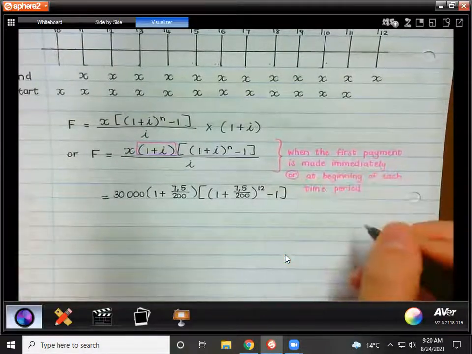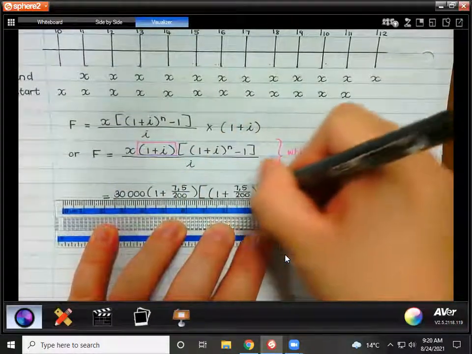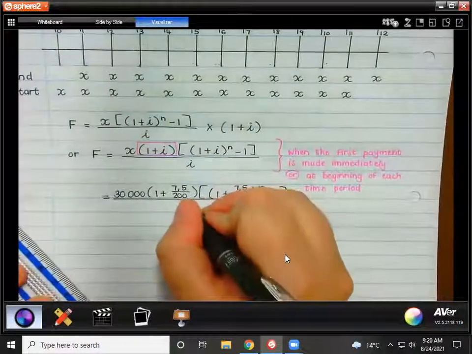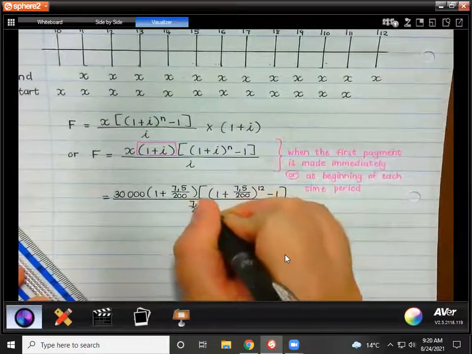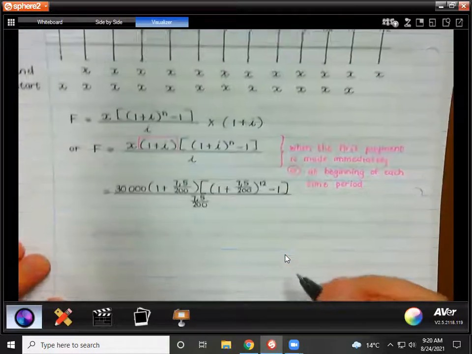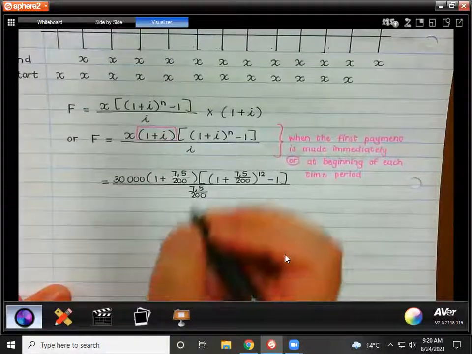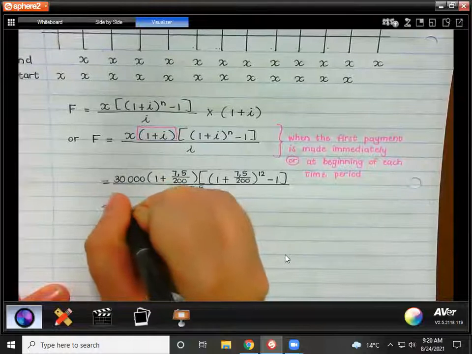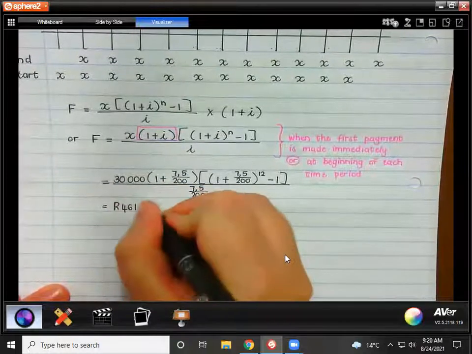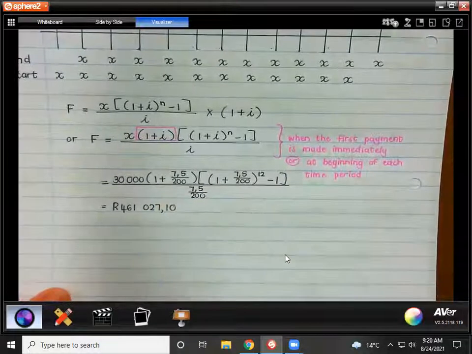Minus 1. And then if you work that out, you should get an answer of 461,027 and 10 cents.